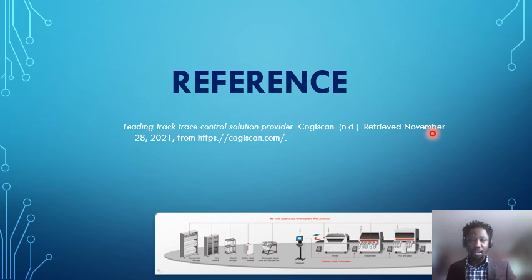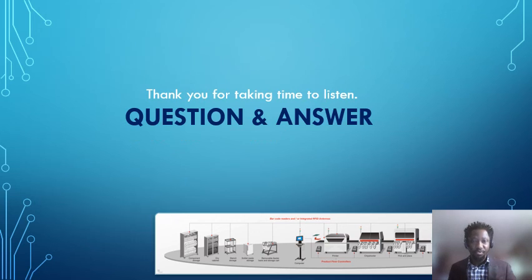My reference is from Kojiscan, a track and trace solution provider, because they are one of the automation layers that we are going to be using. So we can always refer back to that.